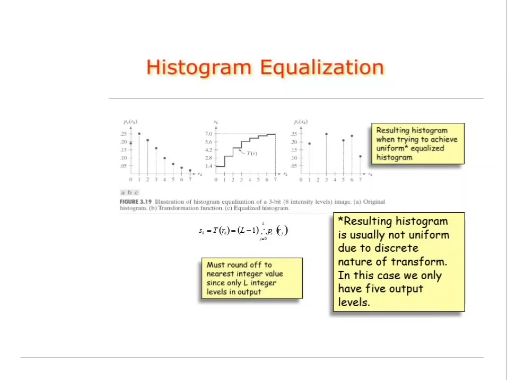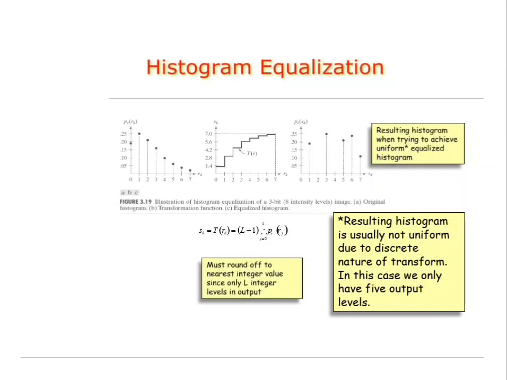Dividing these numbers by MN equal to 4096 yielded the equalized histogram as shown in figure C. Because a histogram is an approximation to a PDF, that is probability distribution function, no new intensity levels are created in the process. Perfectly flat histograms are rare in practical applications of histogram equalization.